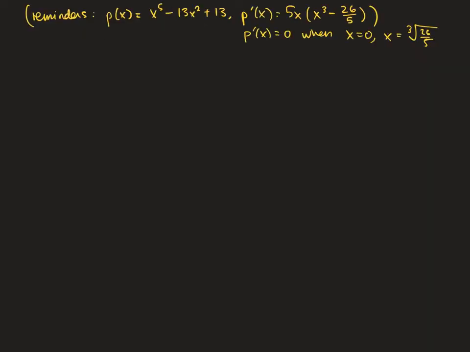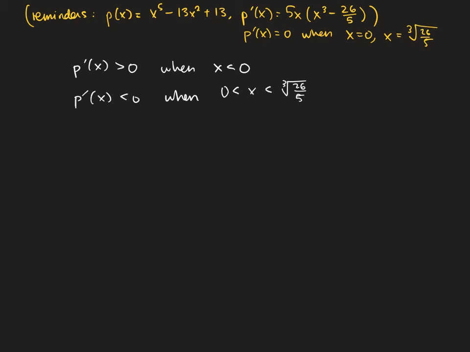Okay, so let's do some first derivative tests to check out increasing and decreasing in here. So we could plug in, let's say, -1 here, and we'd see that when x is less than 0, p prime of x is positive. So we've got an increasing function when x is less than 0.